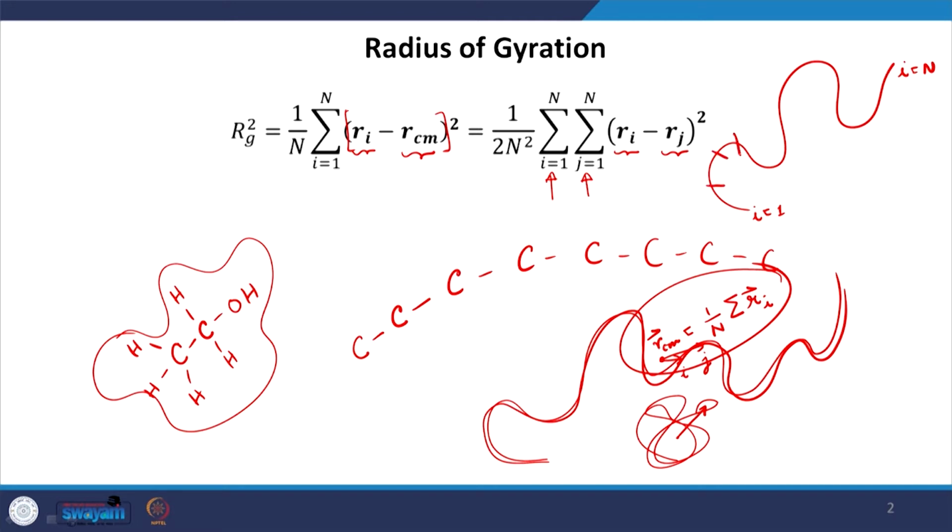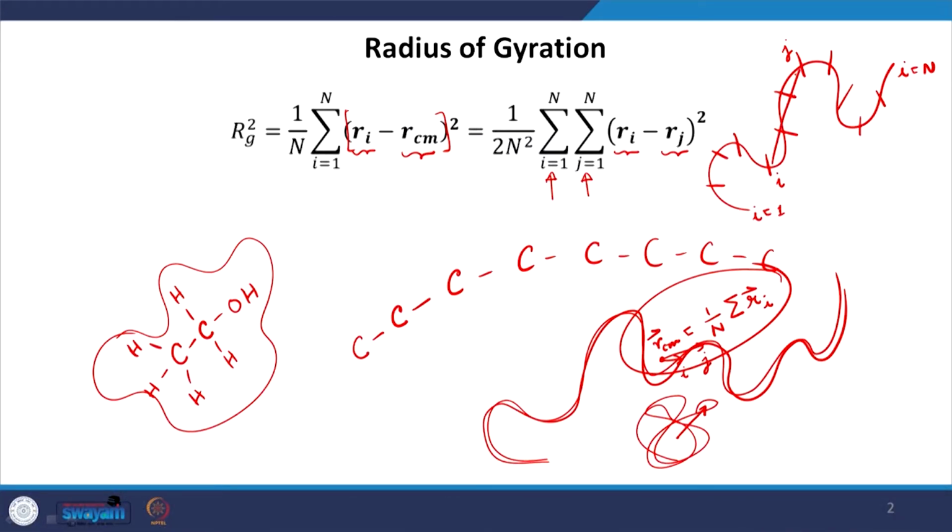So we have some n units along the chain, and this can be my ith unit, this can be my jth unit, and I am basically summing over all the possibilities. So essentially I am summing over all the possible pairs of units, and I compute the distance between these two, that is the vector distance Ri minus Rj. But when I square it, what I have is actually a scalar distance squared, and then sum over it, and both of them you can see will give you the same answer, that is the magnitude of the Rg.